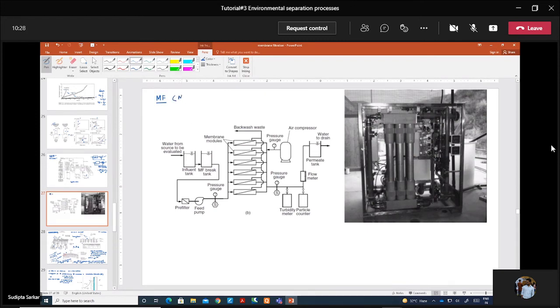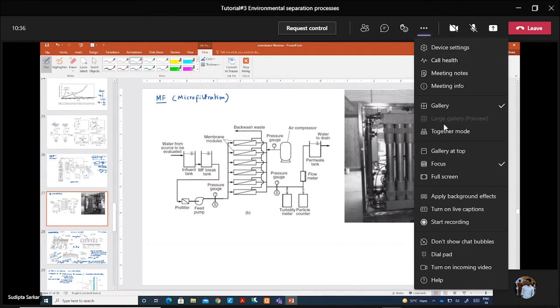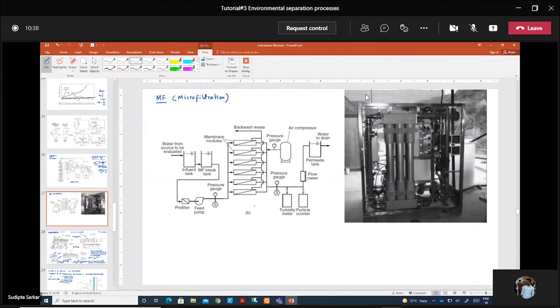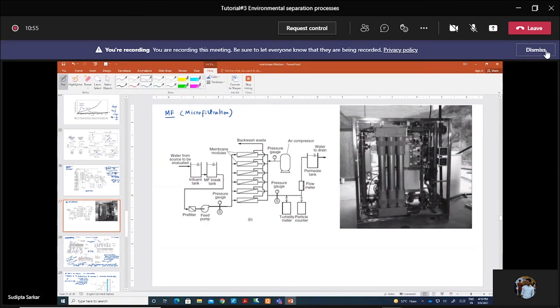Don't mistake it for ultrafiltration membranes. Microfiltration membranes are basically for removal of particles. As you can see, this is the water that we need to feed into the system.